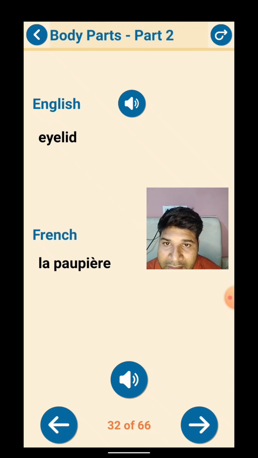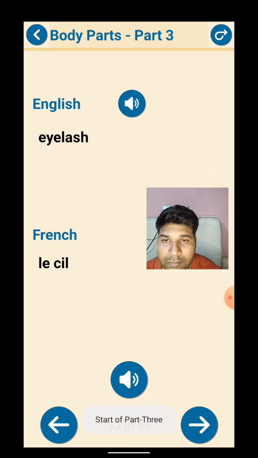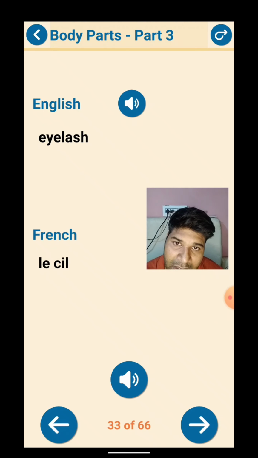Eyelid in English, and in French it will be la paupière. Eyelash in English, le cil.